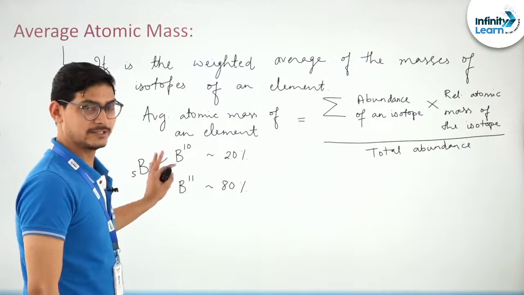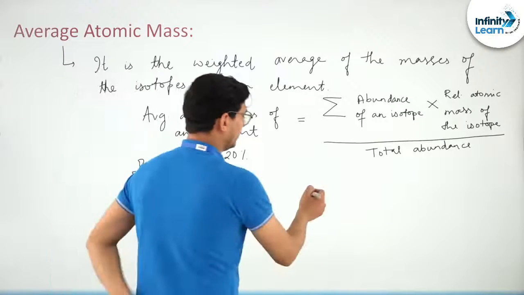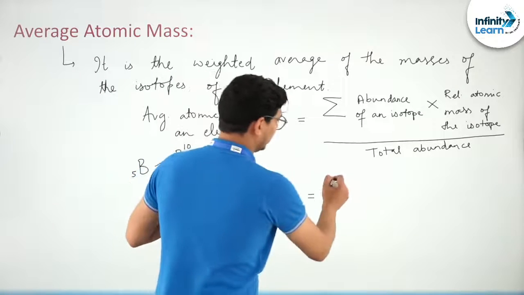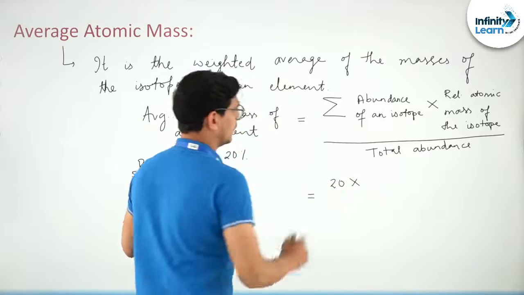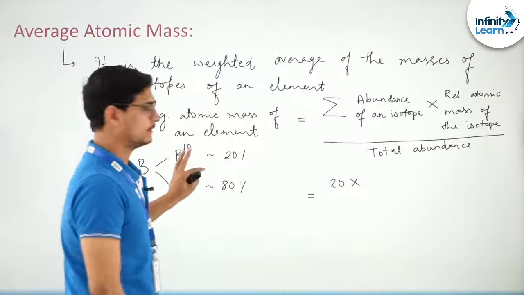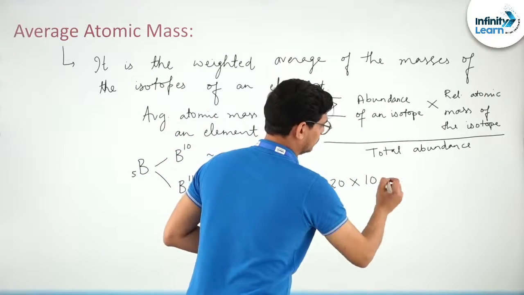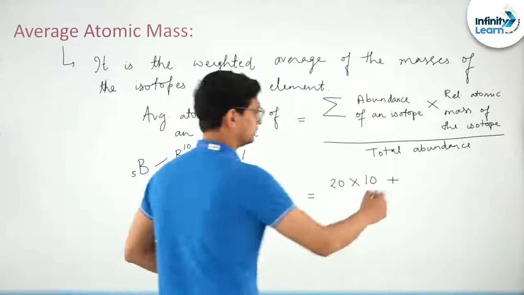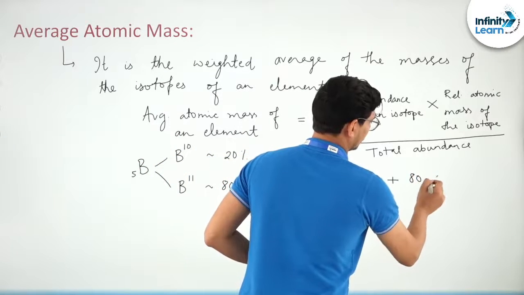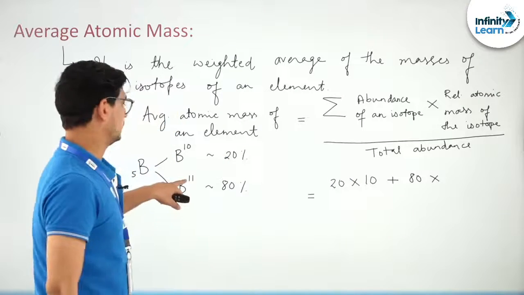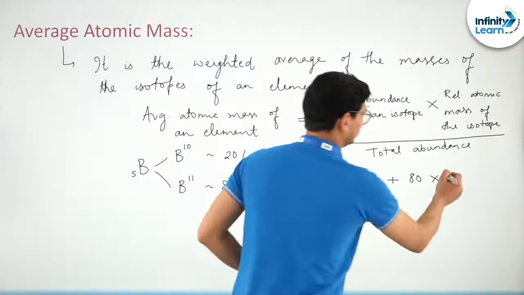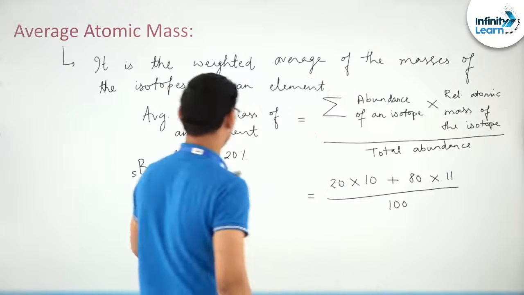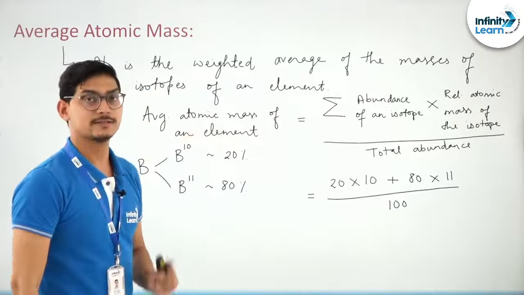So now we can calculate the average atomic mass of boron. The abundance of the first isotope is 20 and the relative atomic mass is 10. For the second isotope, abundance is 80% and the atomic mass is 11. This gets divided by 100 because in percent the total is 100.